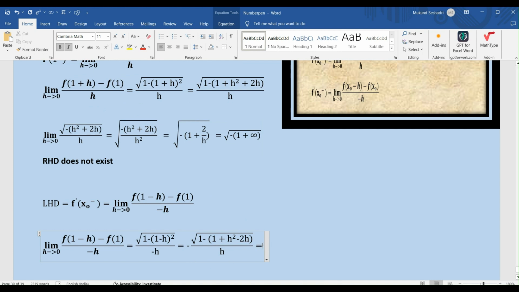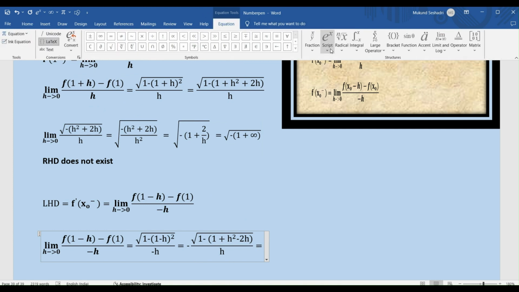And what do I have? I have my expression further simplified. Looks very similar to what I did earlier, but let's see what we get. I have a minus sign, remember that, and then I have my h square minus 2h, right? And then I have my h in the bottom, and I have a minus sign here as well, right?